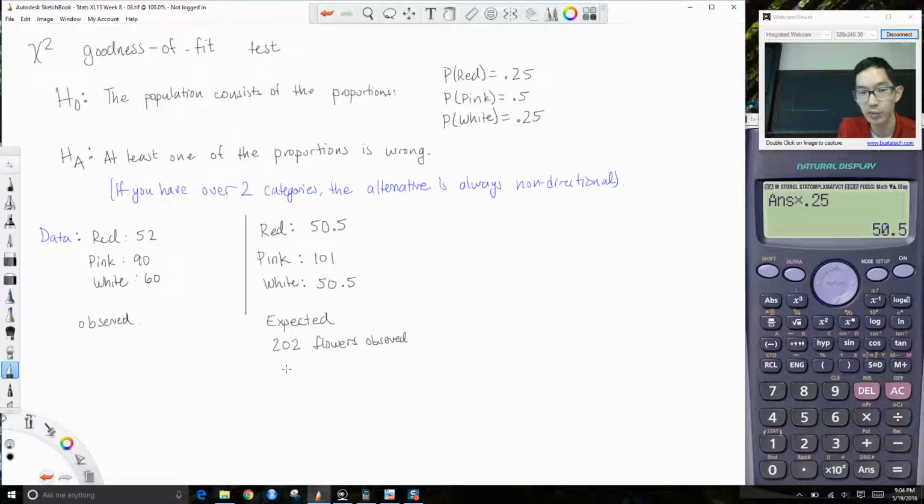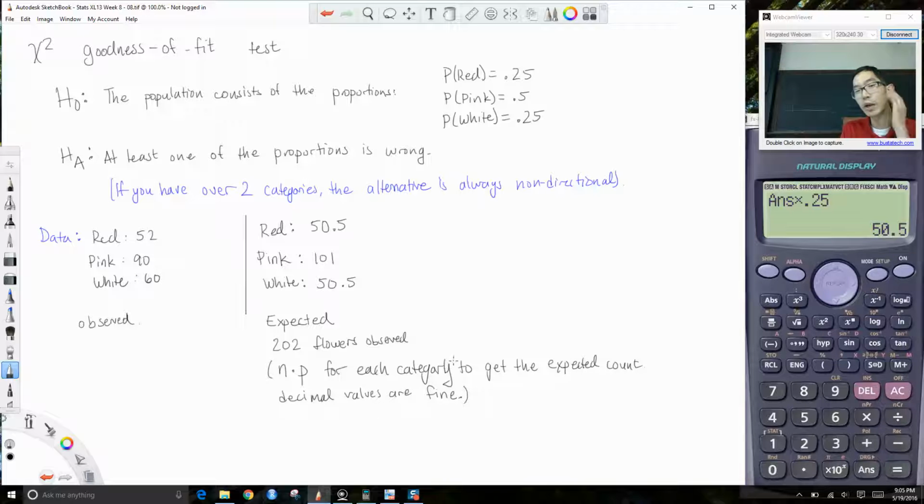So you just do basically n times p for each category to get the expected count. Decimal values are fine, so don't round these off.